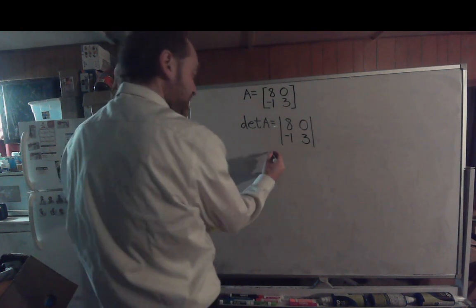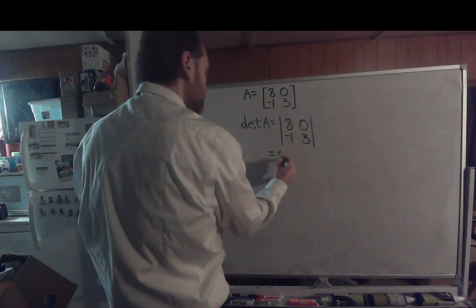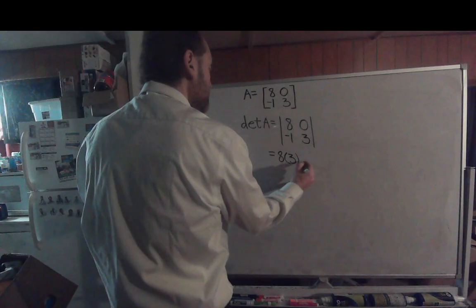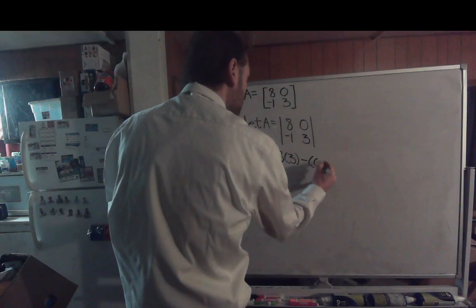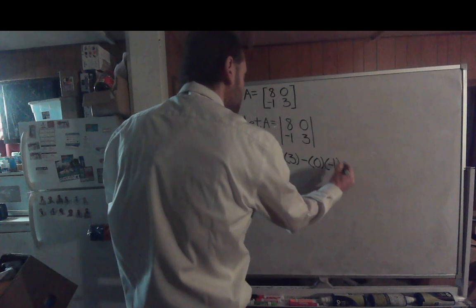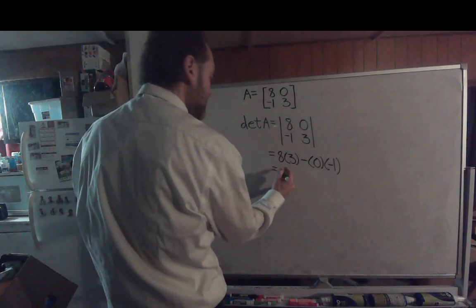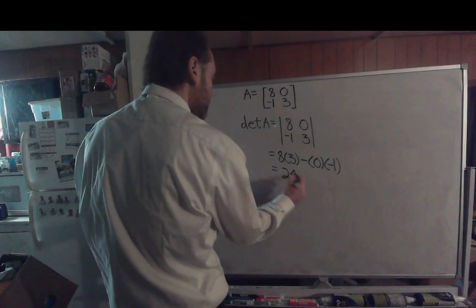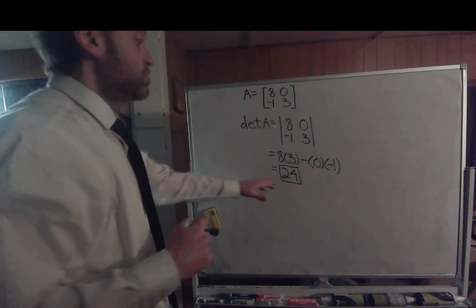Once again, it's going to be A times D, which would be 8 times 3, minus B times C, which would be 0 times -1. Well, that turns to 0, so really you just have 8 times 3, which is 24. So the determinant of this matrix is going to be 24.